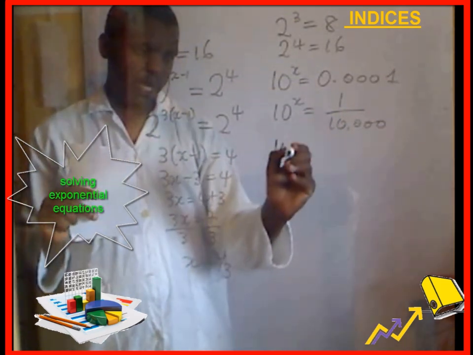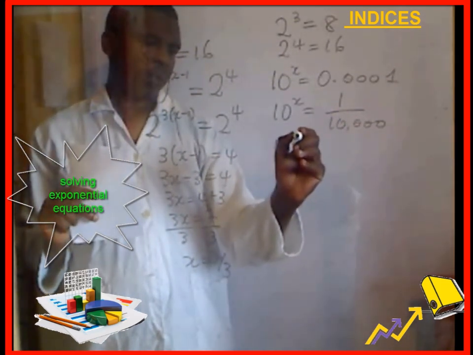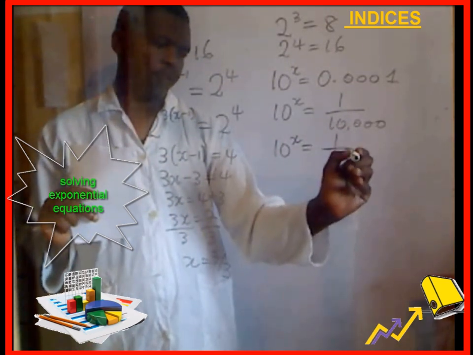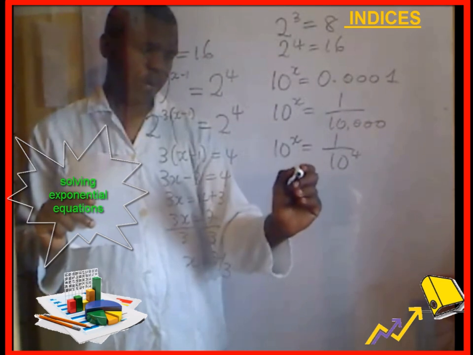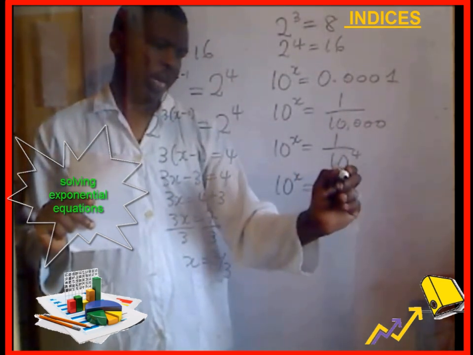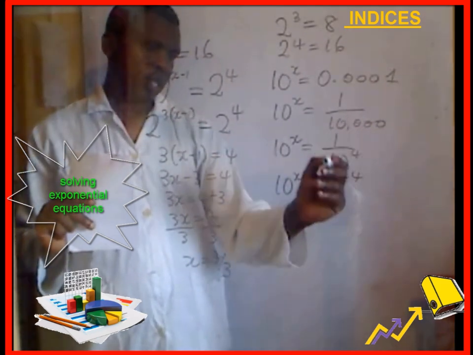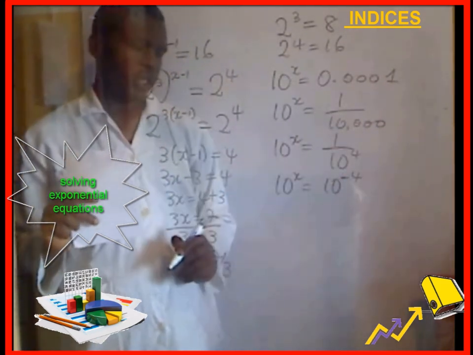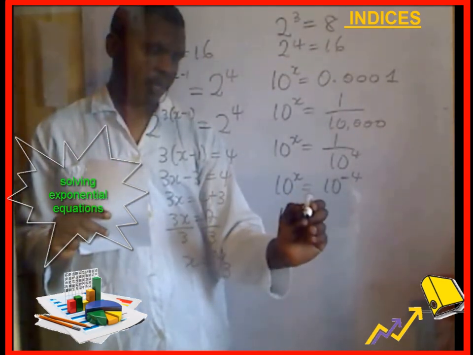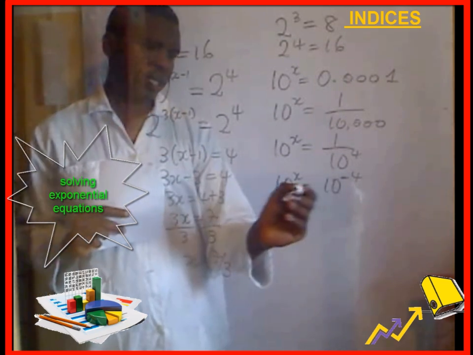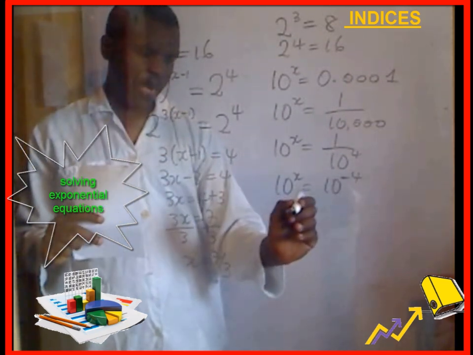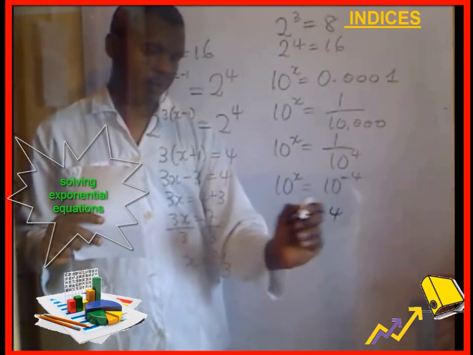So this is 10 raised to the power x is equal to 1 all over 10 to the 4th. 10 raised to the power x is equal to 10 raised to the power minus 4, because this is a fraction which is a negative index. The base is the same, so we then equate powers. I'll have x there is equal to minus 4.